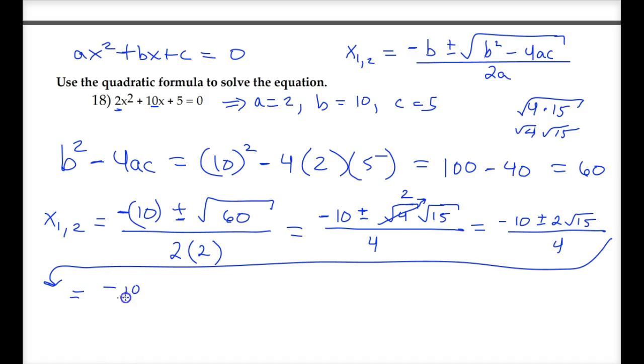So if I do that, that will be a negative 10 over 4 plus or minus 2 square root of 15 over 4. And of course, 10 and 4 both have a common factor of 2.